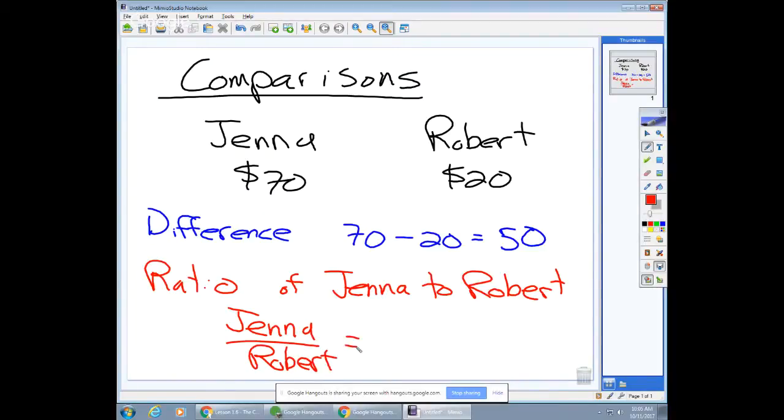In this case, that would be 70 divided by 20, sorry. I could reduce that a little bit. So just whip out a calculator and tell me what 70 divided by 20 is. Okay, 3.5.